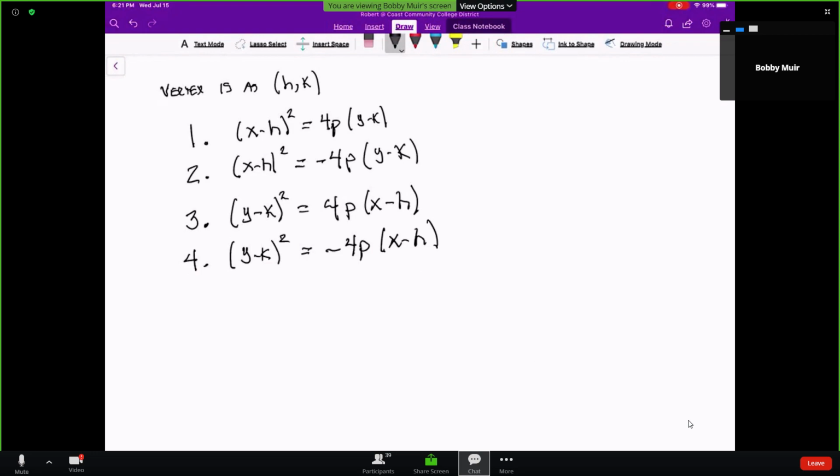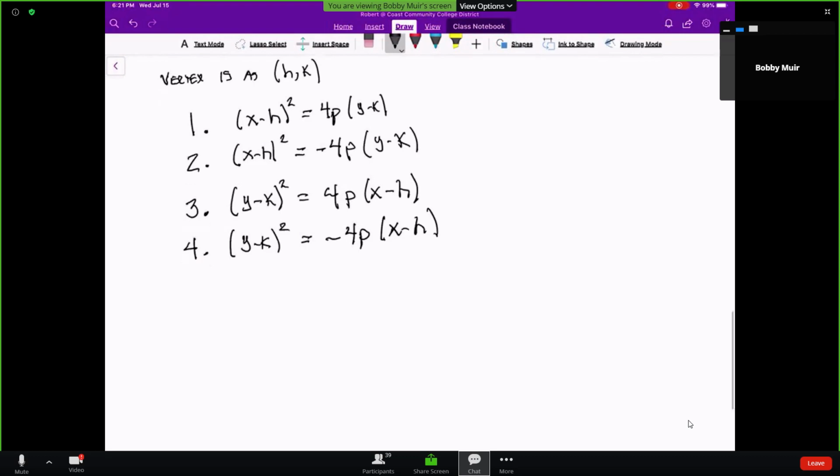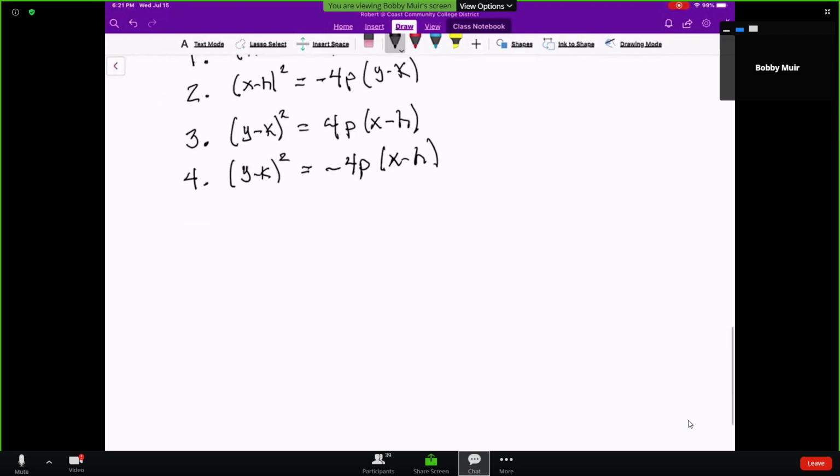Okay, so let's do an example where we have this equation.